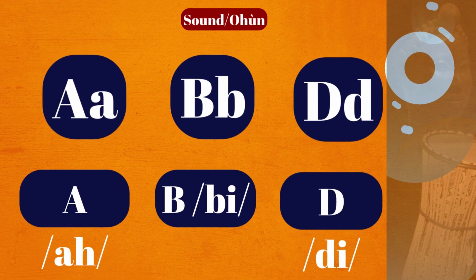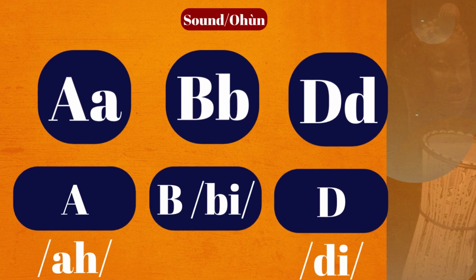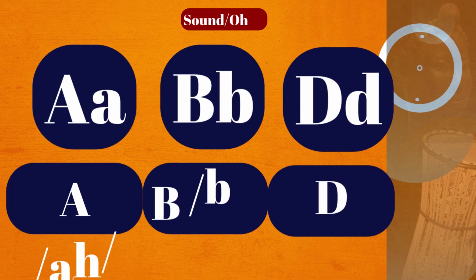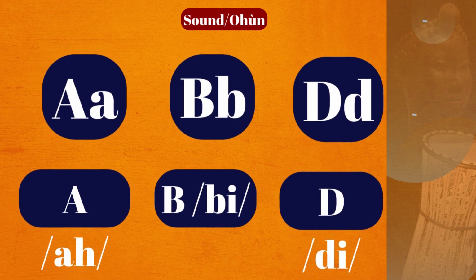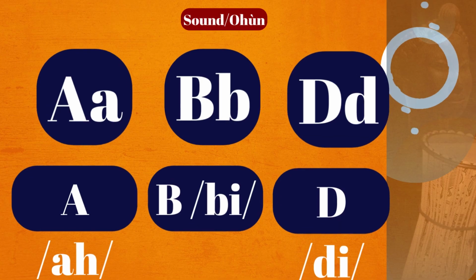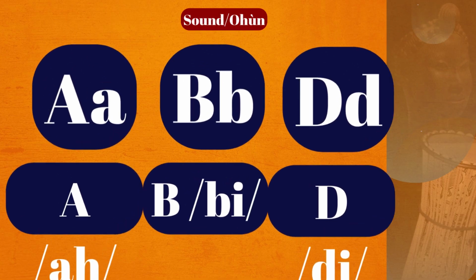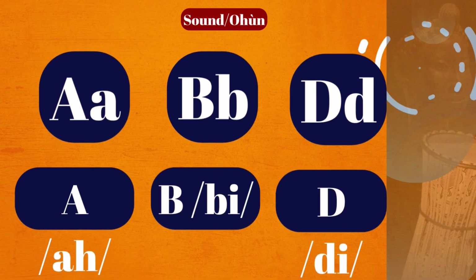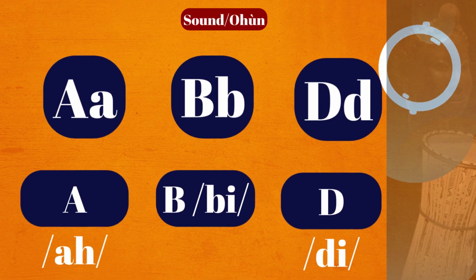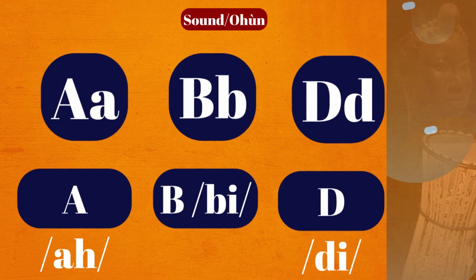Ha, bí a ṣe ń pè ha lélẹ́yìí, ha. And B is B. Ètí àmúra wọn tó wá fẹ́ pè B. Àti D, D.